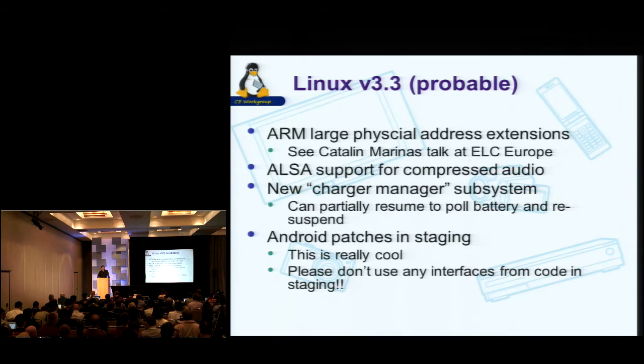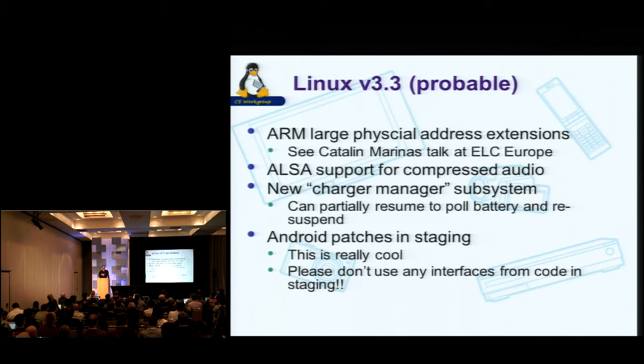And then finally, Linux version 3.3. This is probable by the time we're at RC3 now, so this is highly likely rather than just probable. We saw the Large Physical Address Extensions, and Catalin Marinas gave a good talk about this at ELC Europe.